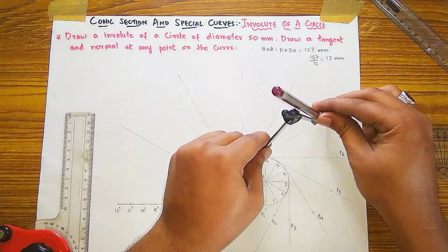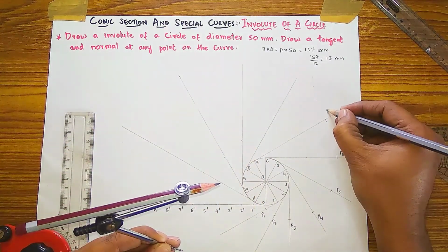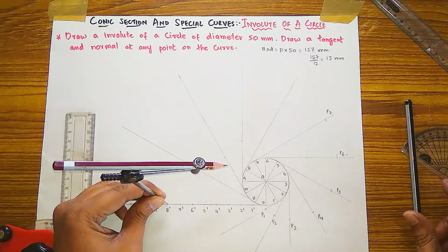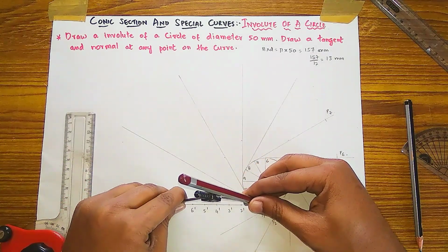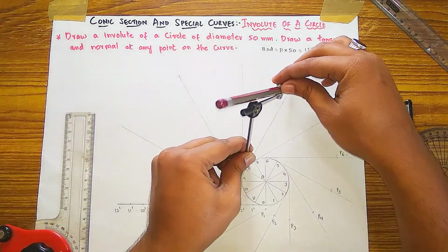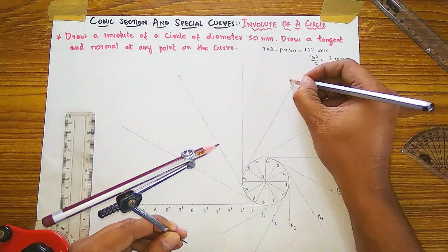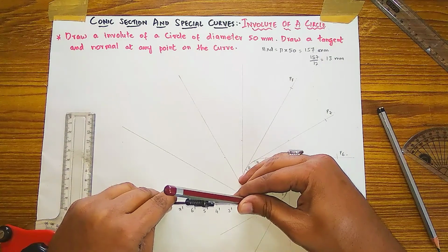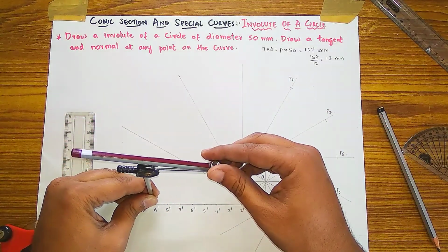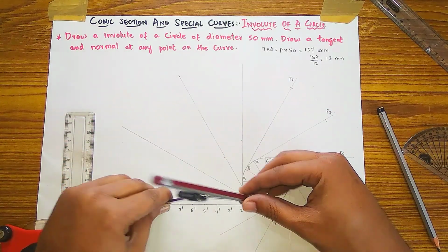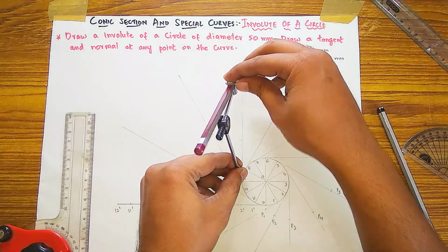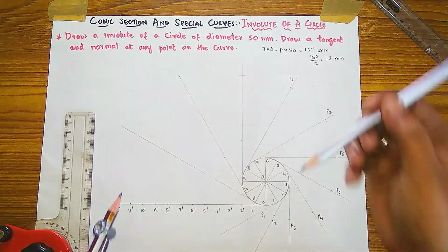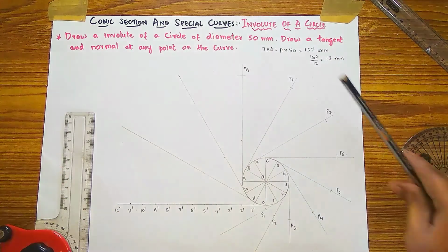Then 7, keeping on 7, this will be P7. Then 8, this will be P8. Then 9, carefully you have to measure it, keeping on 9, this will be P9.